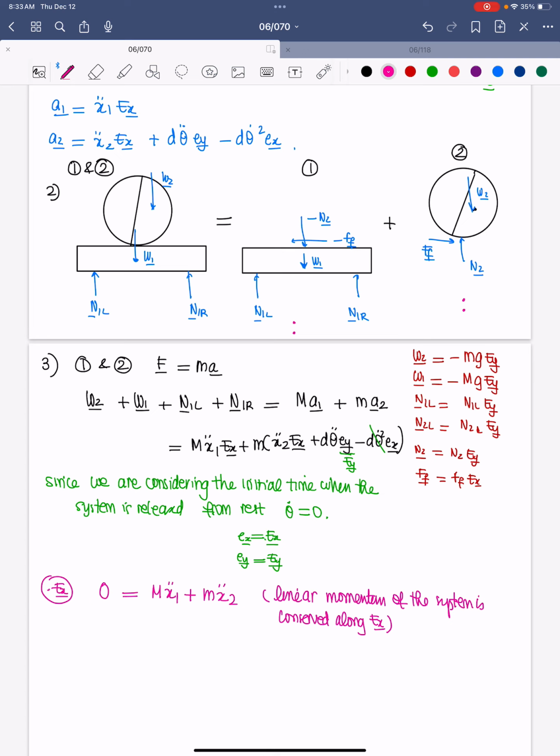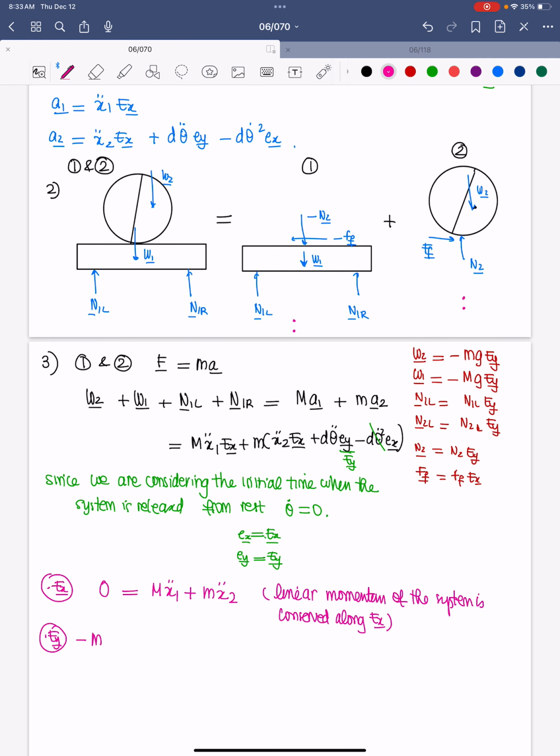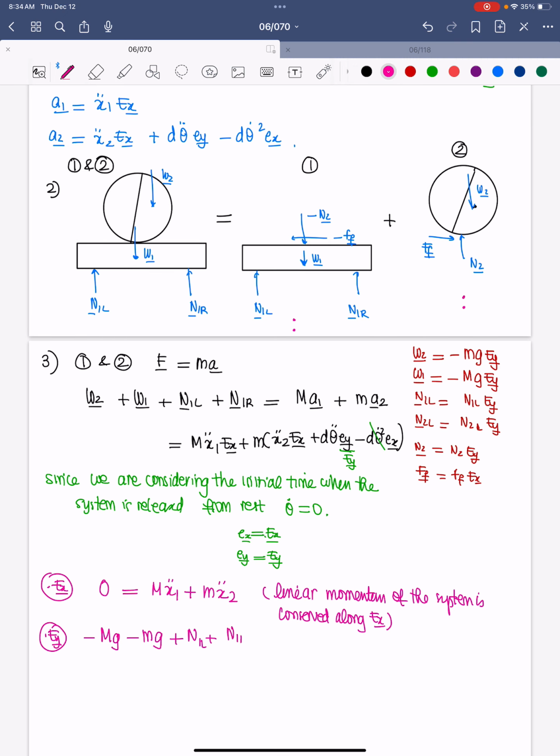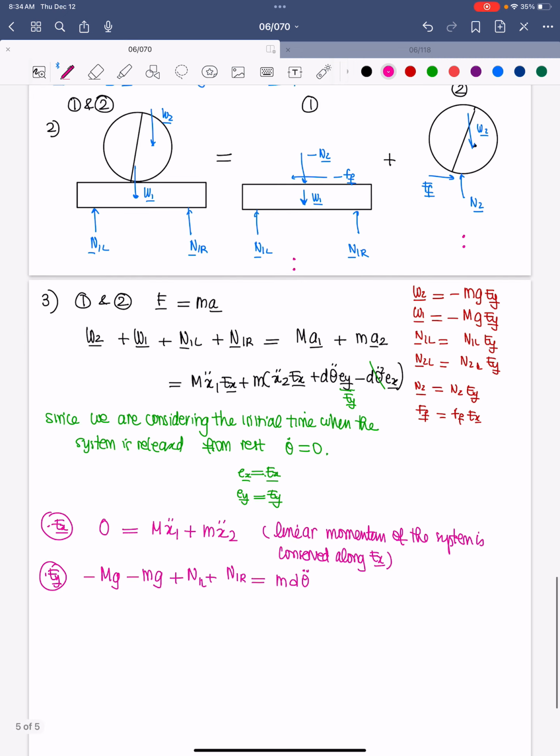And if we dot with Ey, we will get minus big Mg minus small mg plus N1L plus N1R plus N2L is equal to m d theta double dot, or that's the alpha we want to find.